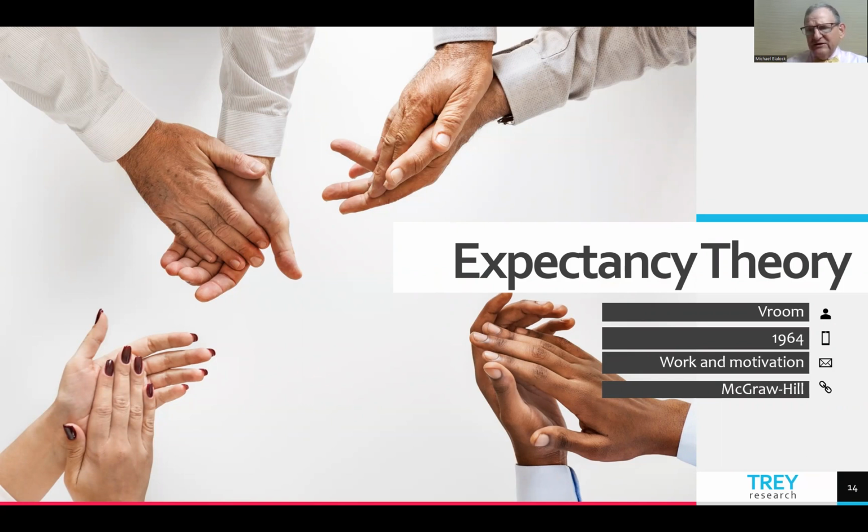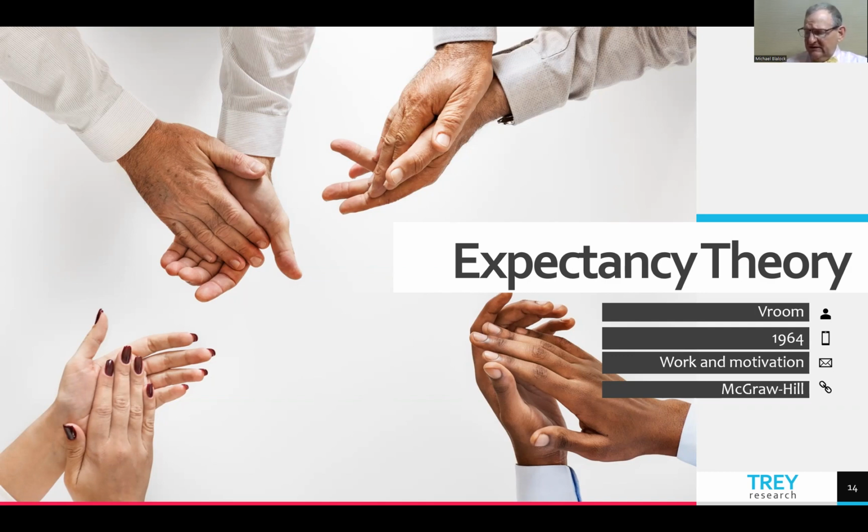And if we can make sure they feel competent, then they'll trust that the rewards that they're earning will be theirs. And they expect something based upon their input, and the expectancy theory talks about that, which is really the basis of where House came from in developing the path goal leadership style.